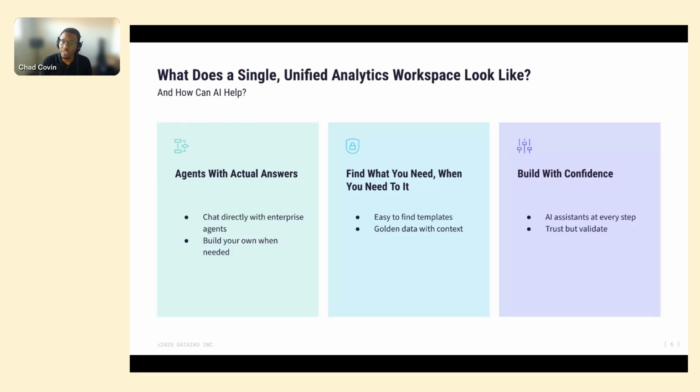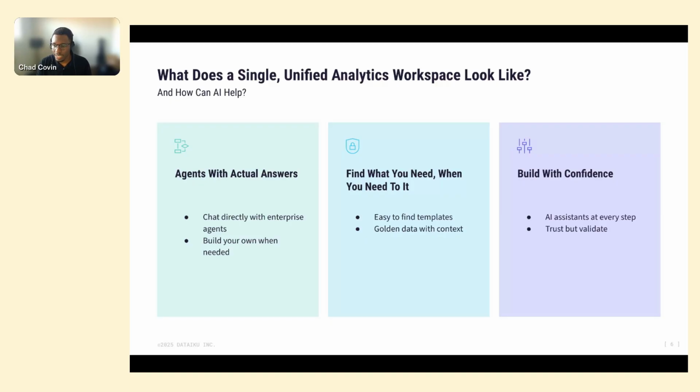And when you need something specific, like that supplier example we were talking about, maybe you need some sort of supplier analysis, you can build your own agent in minutes with already trusted connections to your data, regardless of where that data lives.